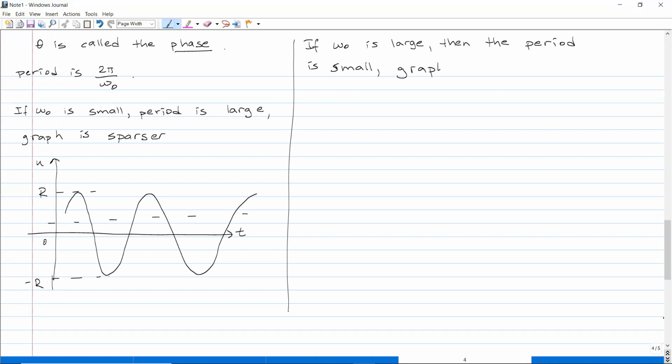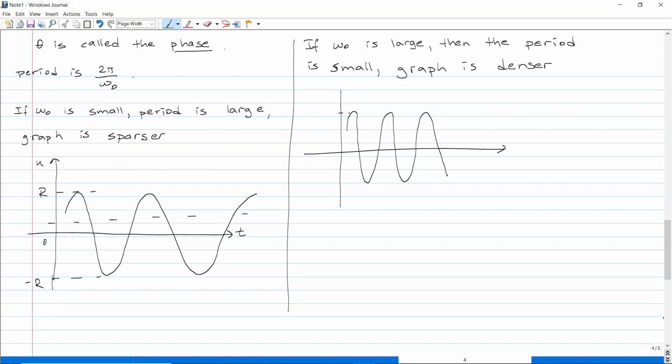The graph is denser. Again, from minus R to R, but now the same value is going to keep occurring a larger number of times. So omega 0 is large frequency. In the first case, frequency is small. In the second case, frequency is large.